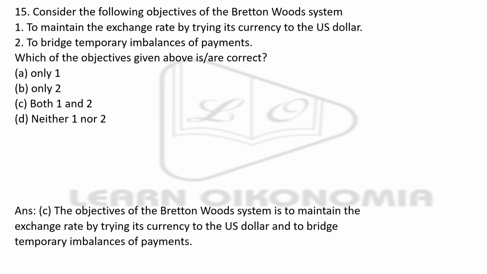So the objective of this agreement is to maintain the exchange rate by tying currencies to the US dollar, and it also tries to bridge temporary imbalances with respect to balance of payments. So you have to maintain exchange rate by tying its currency to the US dollar and to bridge temporary imbalances in exchanges as well as payments. These are the two sentences given here, and both are right when it comes to the objectives of the Bretton Woods system. So the right answer is option C.